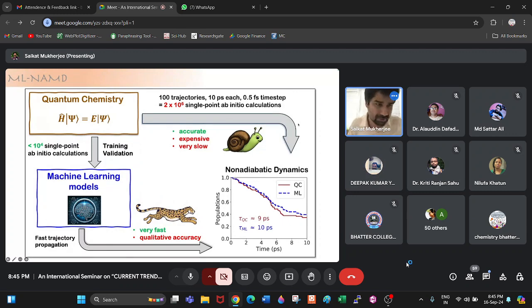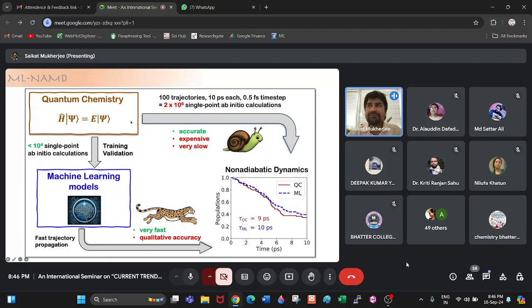Last but not least, machine learning, right? The basic idea is we have to completely bypass the quantum chemistry calculation, because you all know quantum chemistry calculation is costly and time consuming. Let's say you prepare your input and run Gaussian, and you have to wait at least 30 minutes if you do a DFT or TDDFT type of calculation to get simple energies and gradients, right?